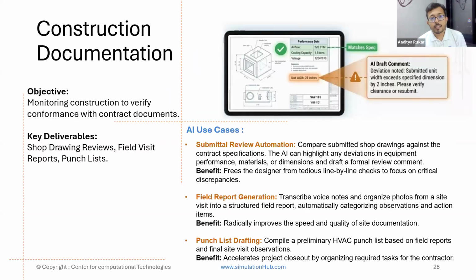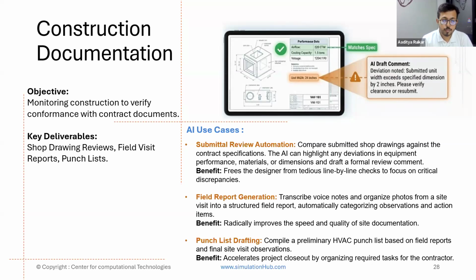Then in construction documentation, it can check multiple documents and see whether any anomaly is there. For example, if you have a chiller with some dimension and in the floor plan you have another dimension, it might not be correct with the space requirement. It can check these construction floor plans and tell you that you should use a different component, or that this is not appropriate.